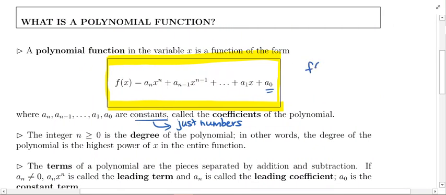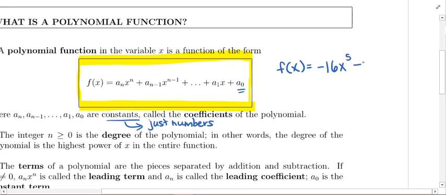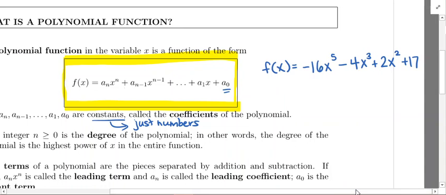Let's say f of x is equal to negative 16 x to the 5th minus 4x cubed plus 2x squared plus 17. This is my polynomial.